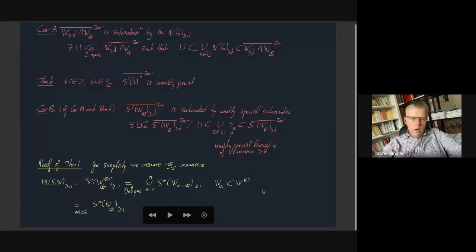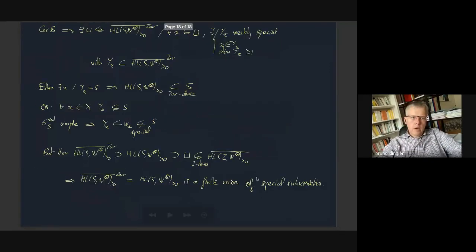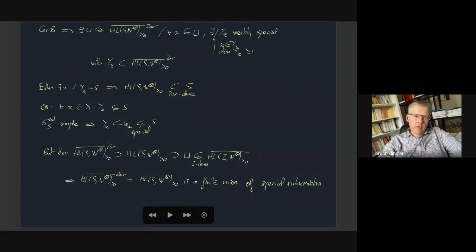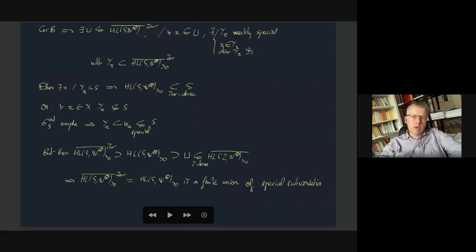All right, so now when I'm here, Corollary B will tell me that the Zariski closure of my positive Hodge locus will be saturated by weakly special subvarieties of positive dimension. But now, what are these weakly special subvarieties?